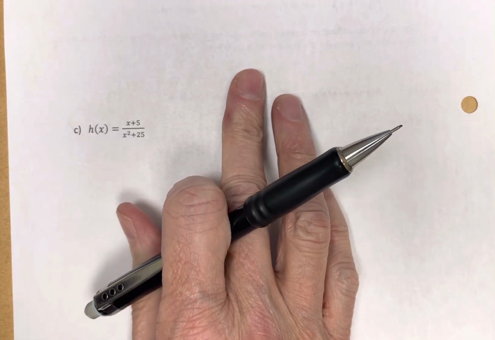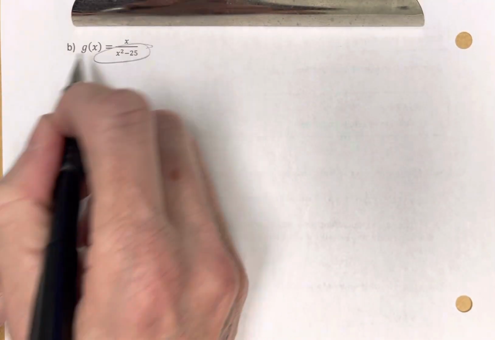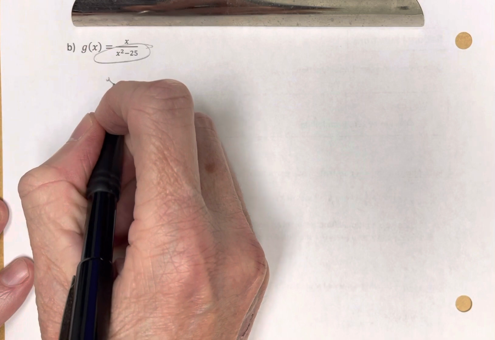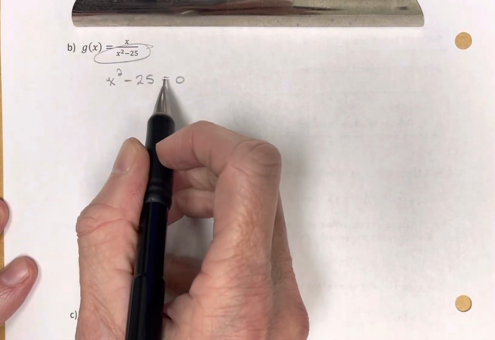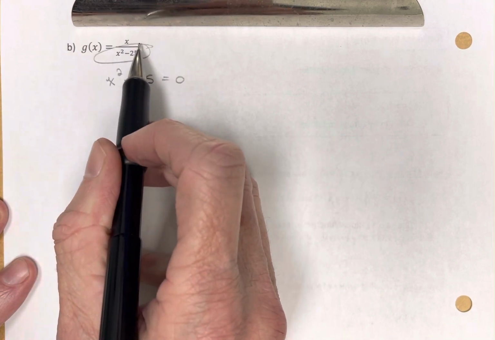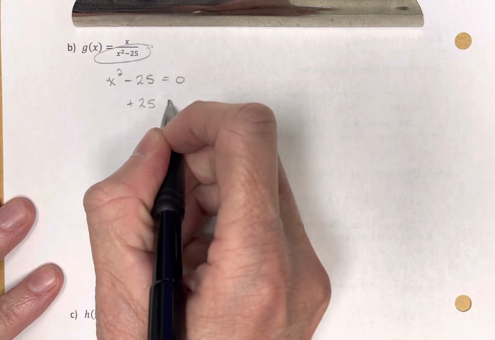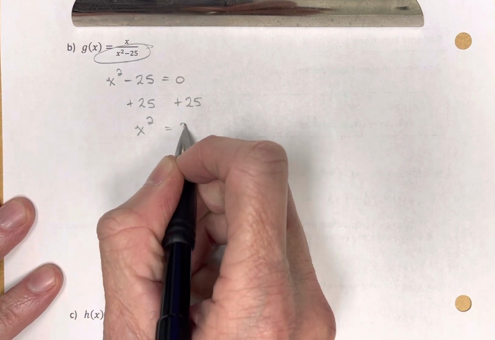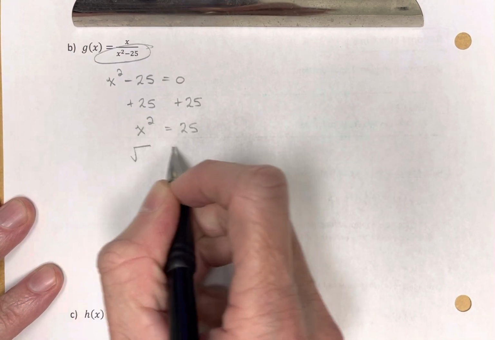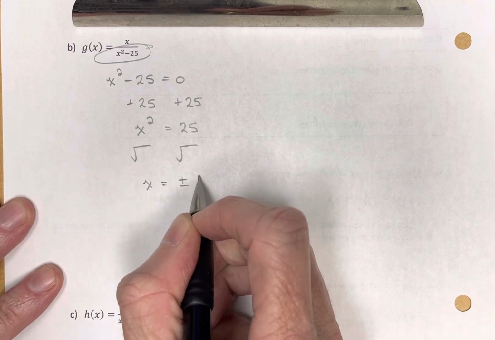Okay, for what values of x are the following functions undefined? We're looking at the denominator. When is this denominator equal to 0? Because that's when this rational function is undefined. Let's add 25 to both sides to get x squared isolated. Let's square root both sides to get x, and x is equal to positive or negative 5.